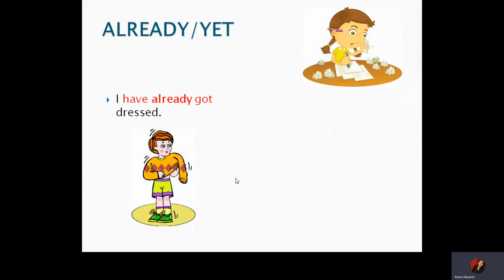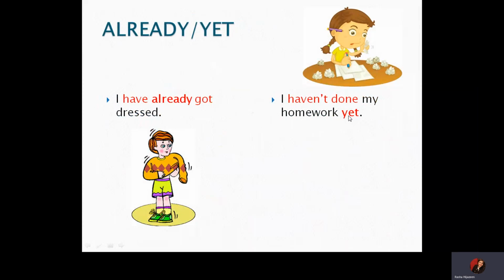Yet, we have a girl. She's doing her homework, right? And she's busy. Let's check the sentence. I haven't done my homework yet. I haven't done my homework yet. So we use yet with negative statements.